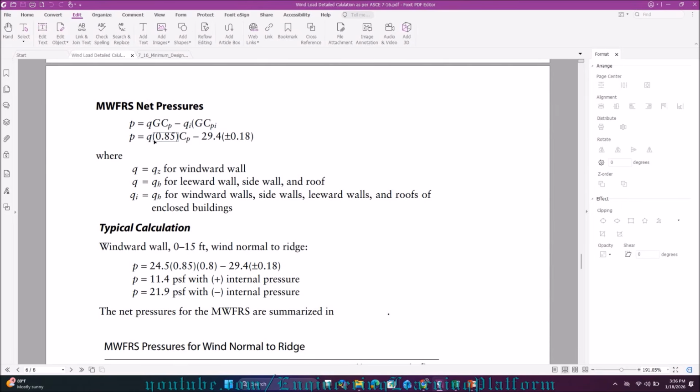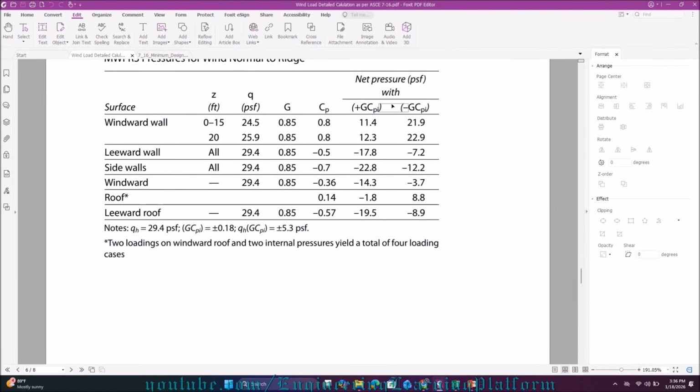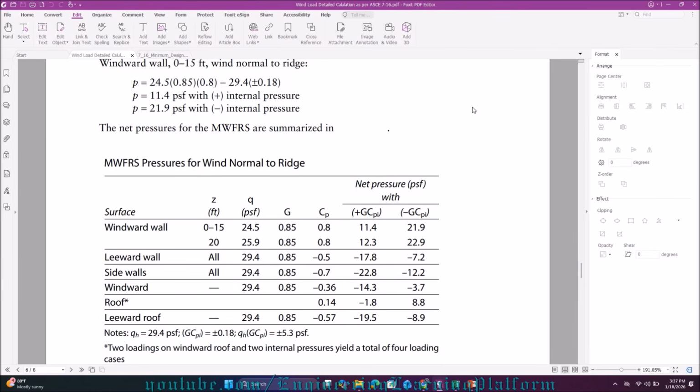Everything you need for calculating the net pressure is given, and you just substitute the values and calculate the net pressure: net pressure with positive internal pressure, and net pressure with negative internal pressure.